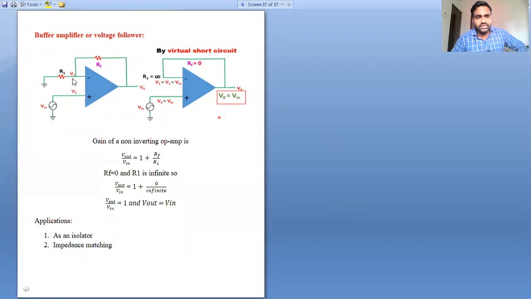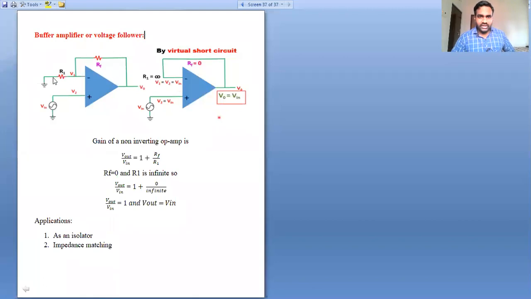And the second thing, at this virtual earth point, we know from the basics of the operational amplifier, the virtual earth point voltage is equal to the voltage of the non-inverting terminal. So V1 is equal to V2, which is equal to V input.